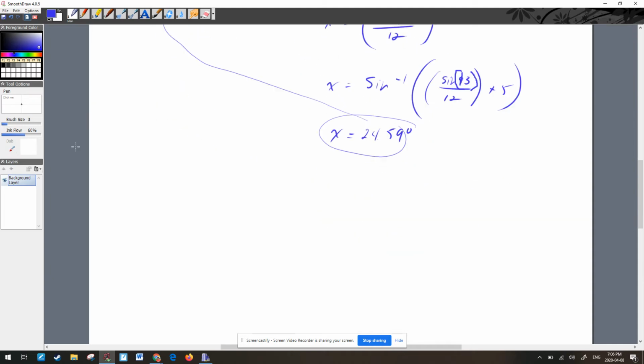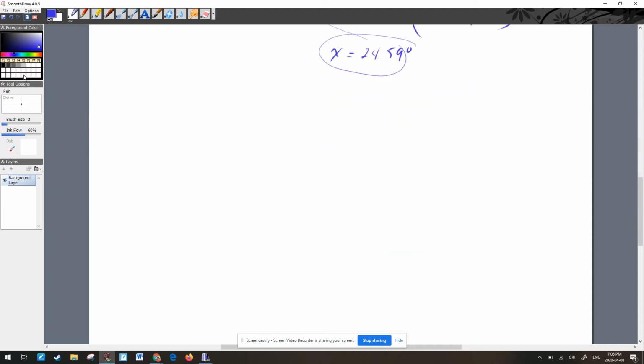Let's try another one. Let's try and spice this one up a little bit. So I think this is red. Red, yeah, hopefully. All right, so let's try another triangle. Okay, so yeah, we're back. How about if we know side, side, angle? So this is going to be 15 centimeters.